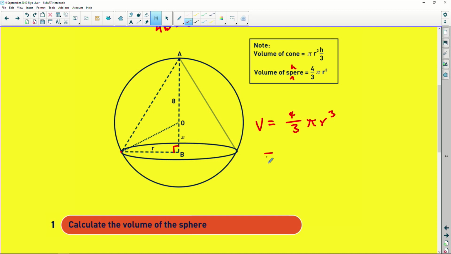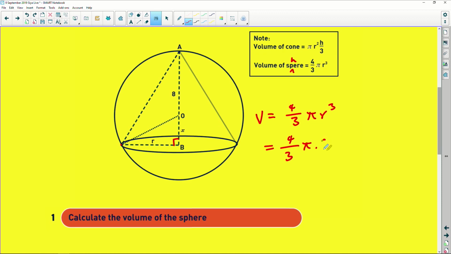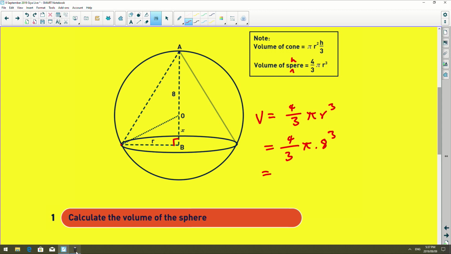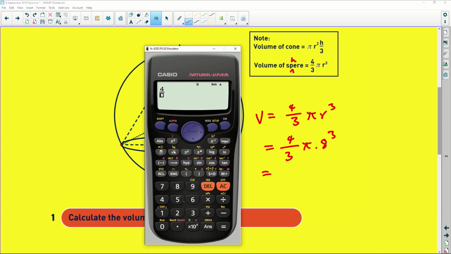Because it's a sphere, this will be equal to 4 over 3 pi multiplied by our r, as we were told, the radius. We're told that the sphere has a radius of 8, cubed. If I press my calculator, it will be 4 divided by 3 open bracket pi.